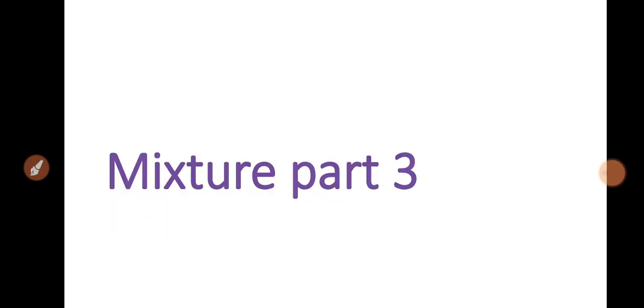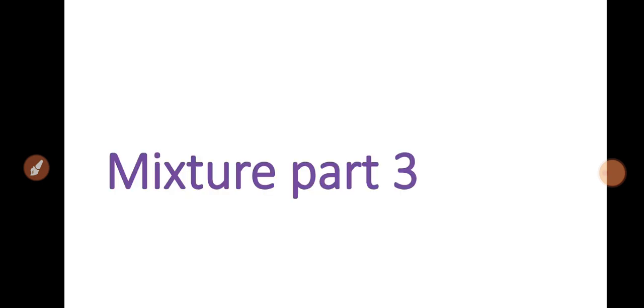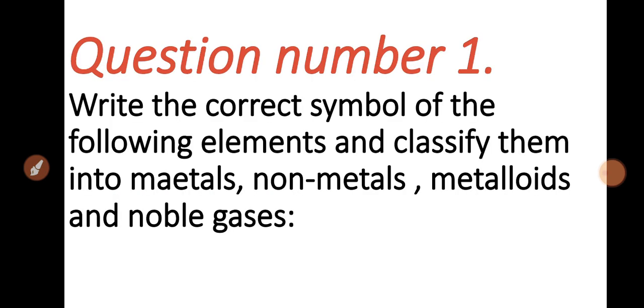Today we will discuss mixture. I have named this video Mixture Part 3. Here we will discuss some questions related to metals, non-metals and metalloids from the modern periodic table. Question number 1.